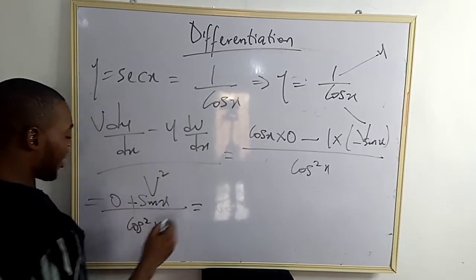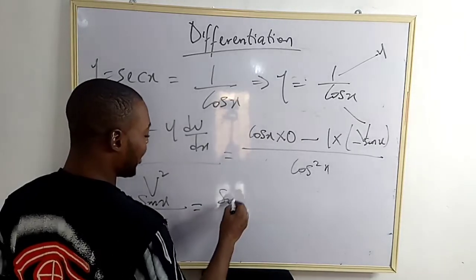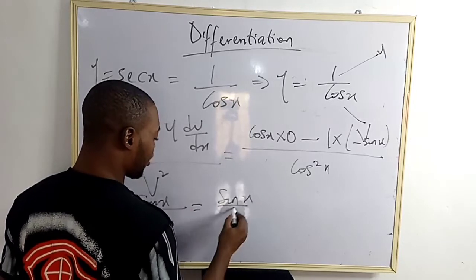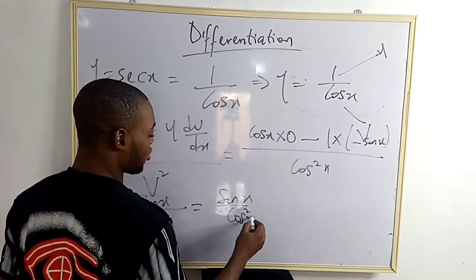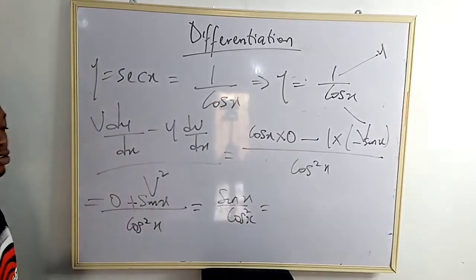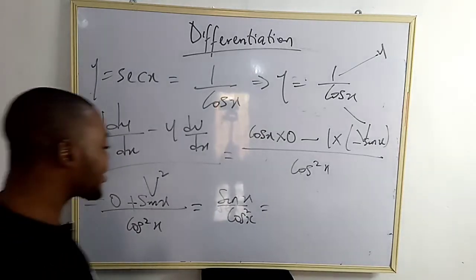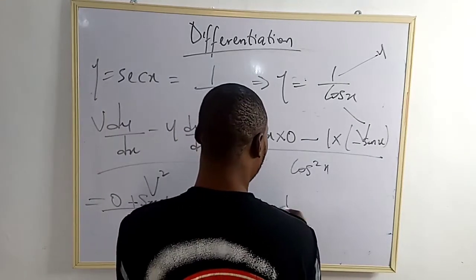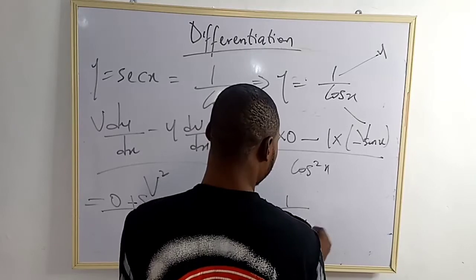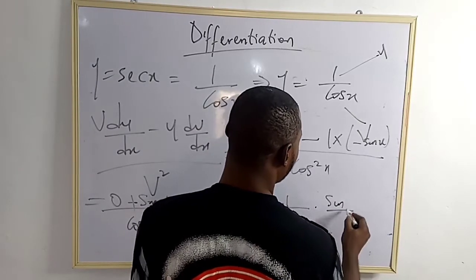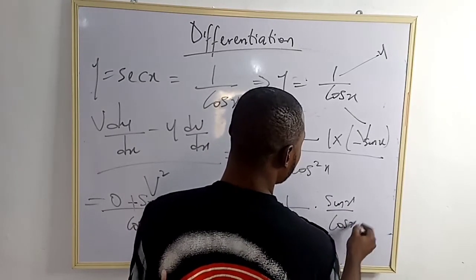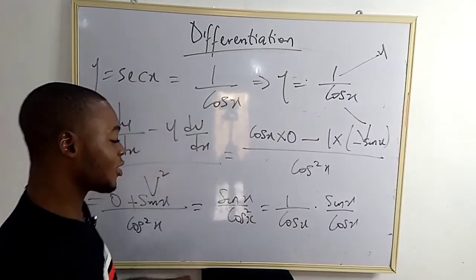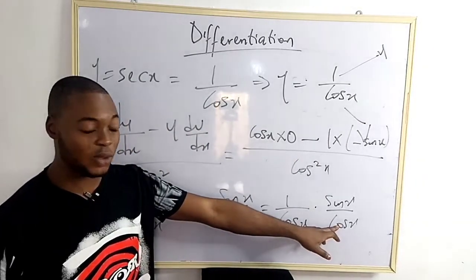That means what we have here is equal to sine x over cos square x. Remember, this can also be written as 1 over cos x times sine x over cos x, because multiplying cos x by cos x gives cos square x.